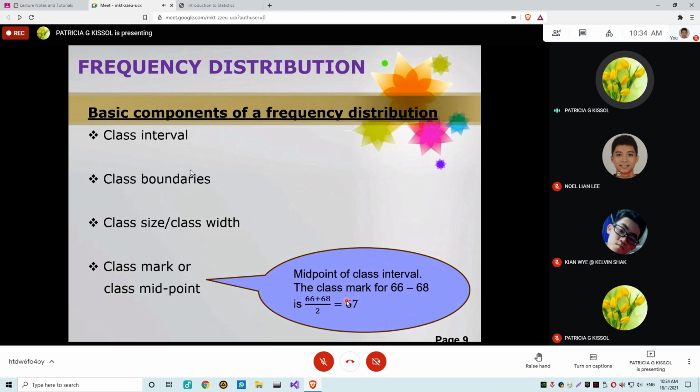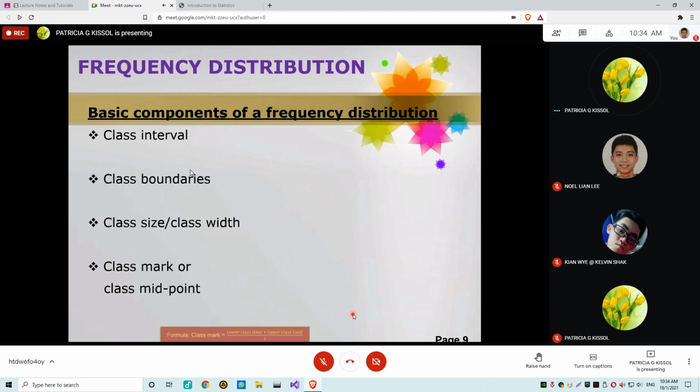So either you use the class limit, or the class interval, or you use the class boundaries, it still gives you the same answer, 67. Okay? So that's the class mark or class midpoint.